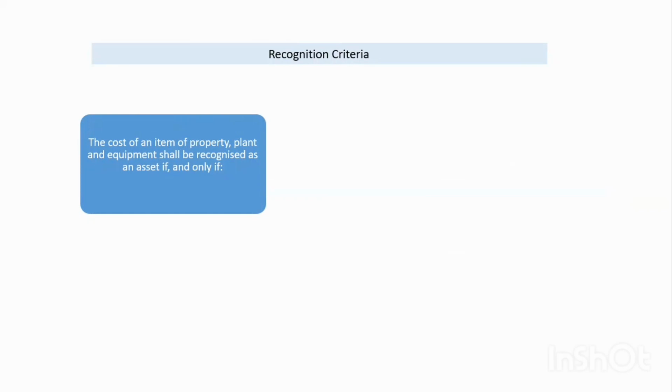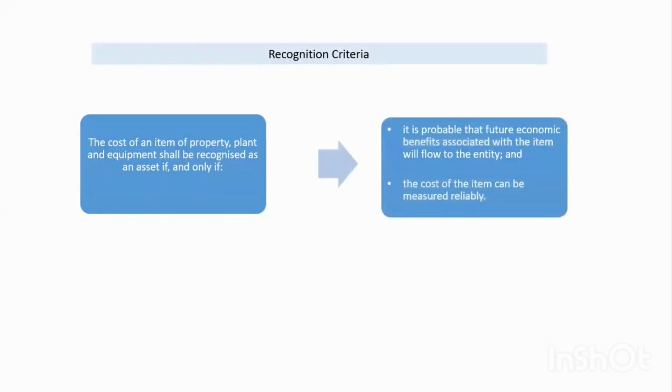The cost of an item of property, plant, and equipment shall be recognized as an asset if and only if, number one, it is probable that future economic benefit associated with the item will flow to the entity.